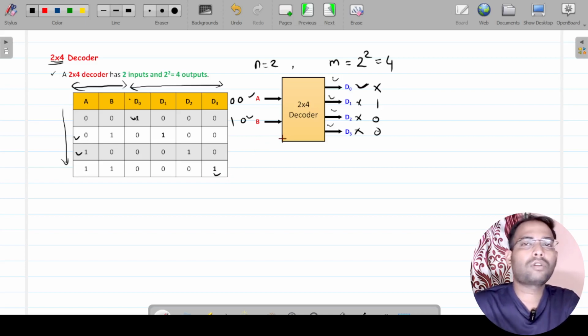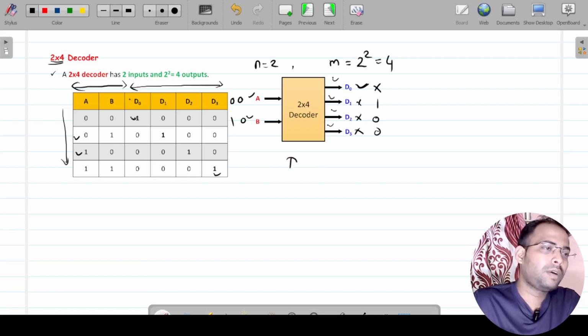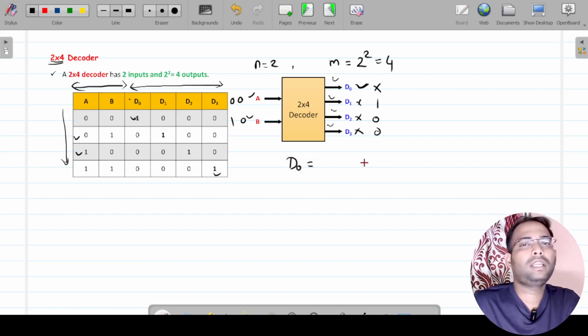Fine. Now this block diagram or symbol we cannot implement in a circuit, so how do we draw the circuit? To draw the circuit, we need the Boolean expression for each and every output. D0 is a single output, D1 is a single output, so we need to write the Boolean expression of those elements. First we'll find the Boolean expression for D0.